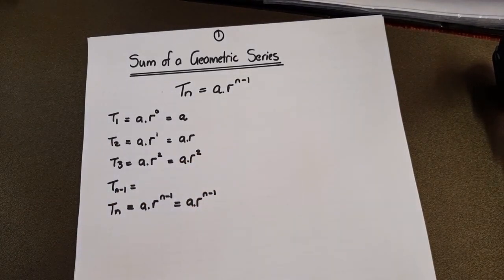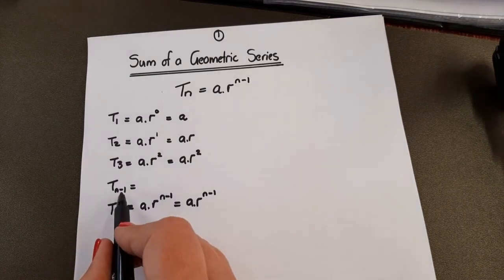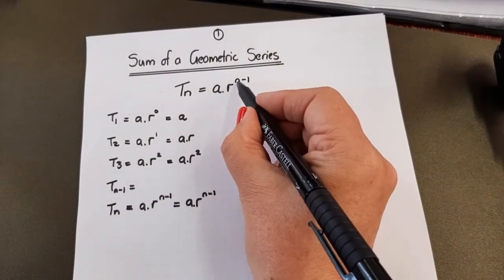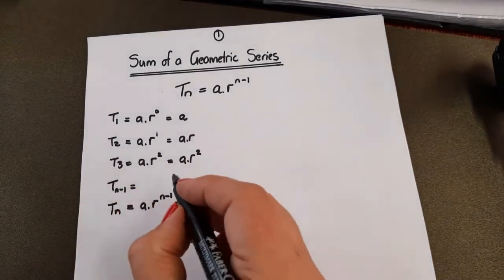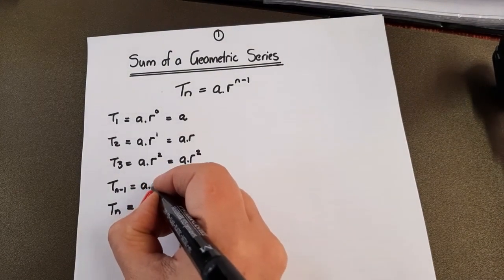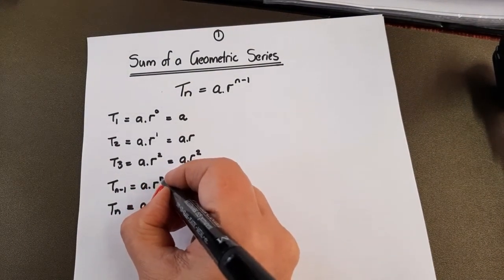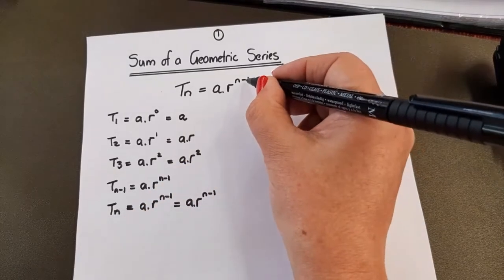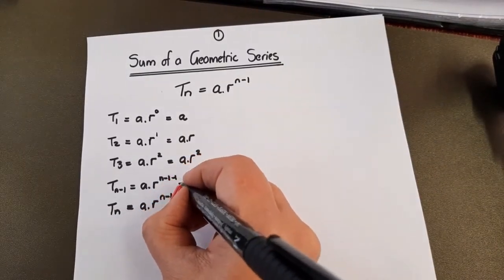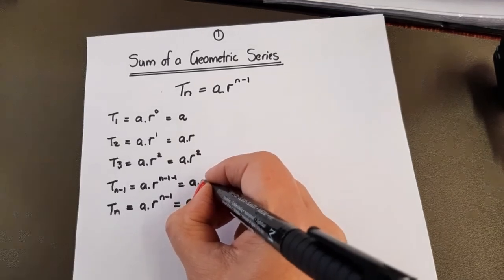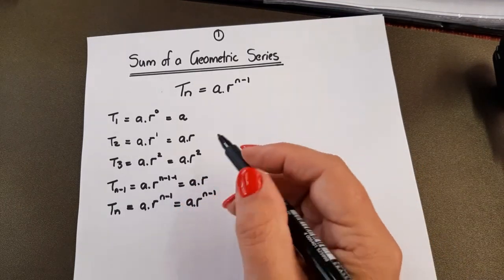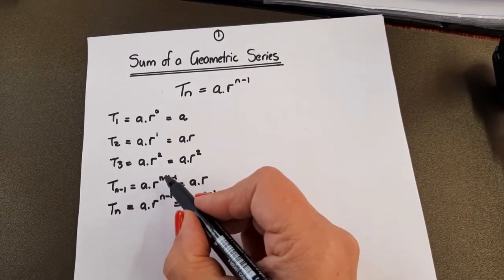So now I need to substitute n minus 1 into n's place. And you'll get a times r to the power of n minus 1 minus 1, and that will be ar to the power of n minus 2.